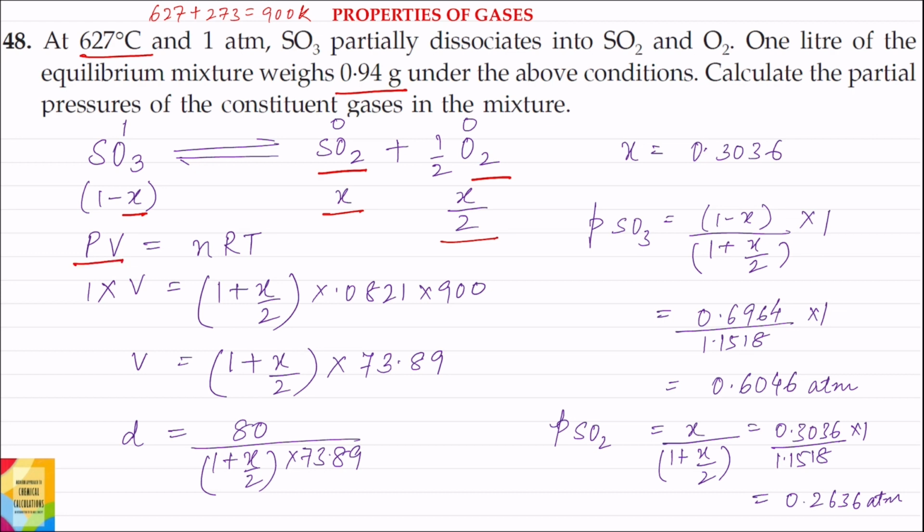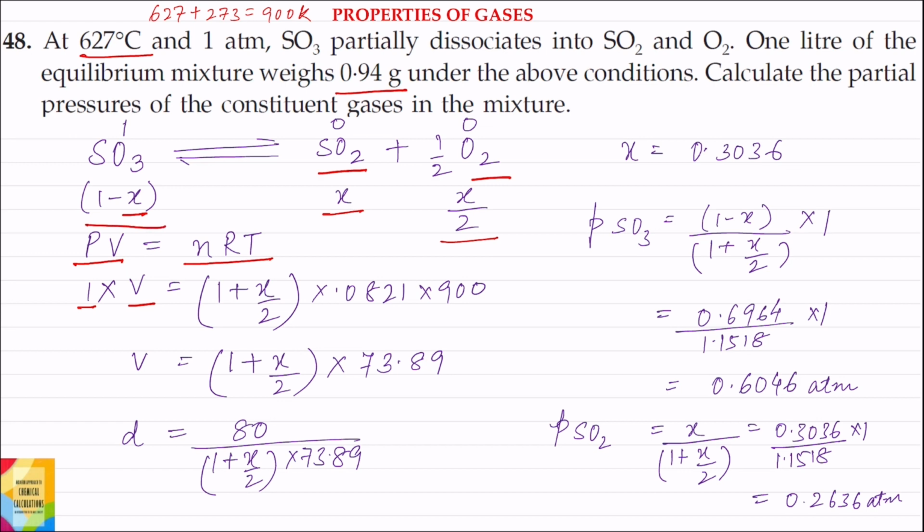Applying the formula PV is equal to nRT, pressure is given as 1 atmosphere, volume of the mixture is not known, so let it be V. The total number of moles at equilibrium is 1 plus x by 2. This we obtain by adding the total number of moles at equilibrium of sulfur trioxide, sulfur dioxide and oxygen.